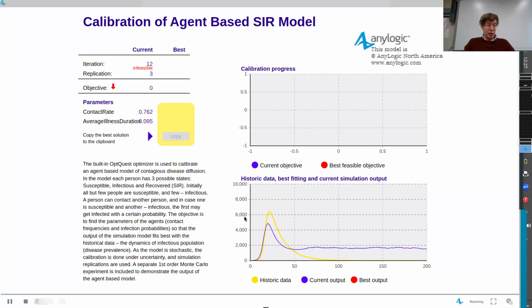That model structure just does not jibe with, it is not consistent with the observed data. And we can adjust the two parameters, contact rate and average illness duration, all we want. But we are ultimately putting lipstick on a pig.